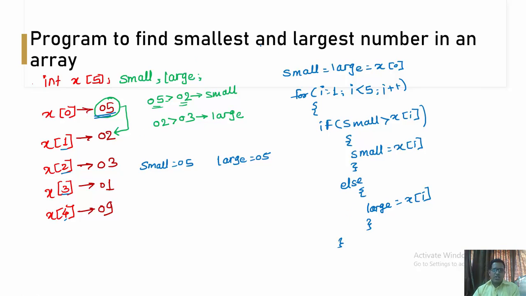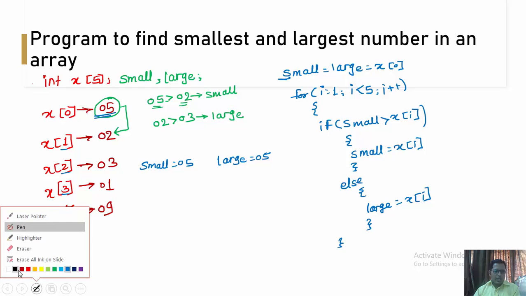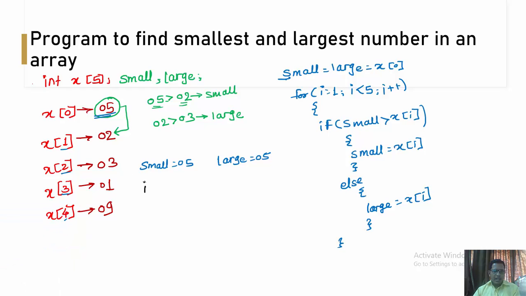So let us cross check this. In the first execution, up to this point, small is equal to 05, large is equal to 05. Now when i is equal to 1, the value of small is nothing but x of 0. What is x of 0? It's 05. So 05 is compared with x of 1, and what is there at x of 1?